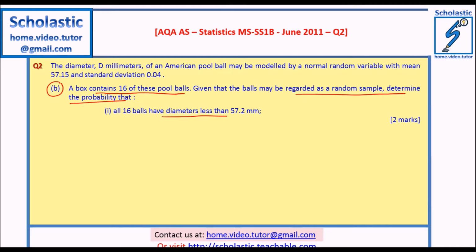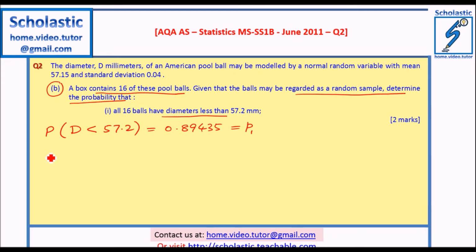So what we found from the previous part is that the probability of getting a ball with diameter less than 57.2 is equal to 0.89435, which is our probability P1. Now it says that we take 16 balls randomly from those pool balls.